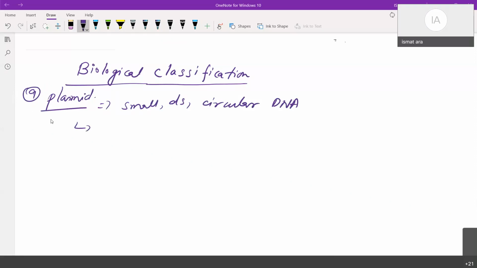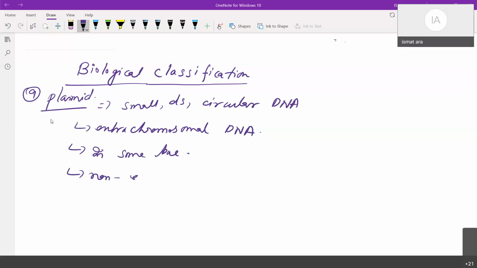They are extra chromosomal DNA. They are present in some bacteria and they are a non-essential element. Why non-essential? If it were essential, then it should be present in all bacteria. That is why it is non-essential, because it is extra nuclear material. Nucleoid is present in all bacteria.